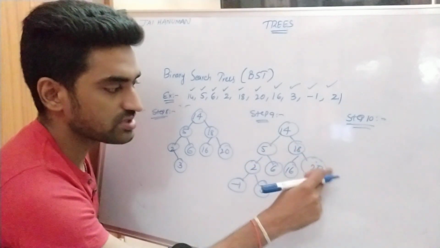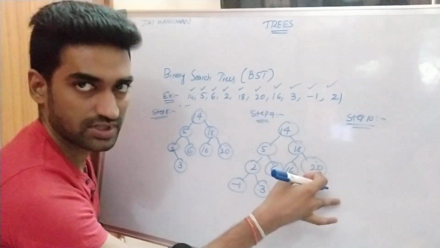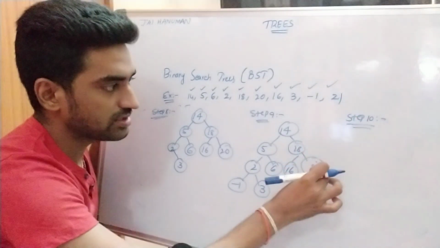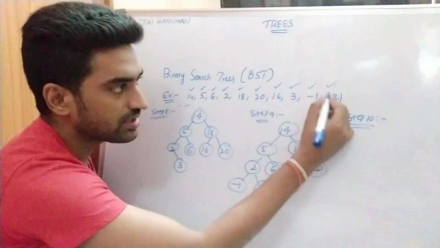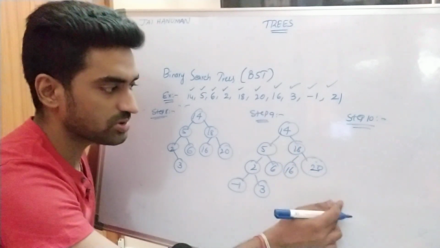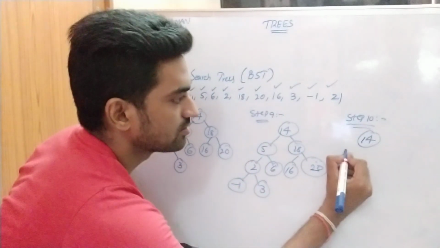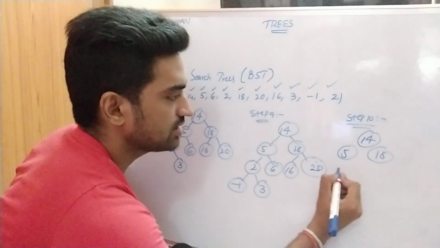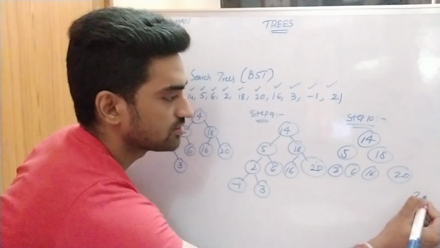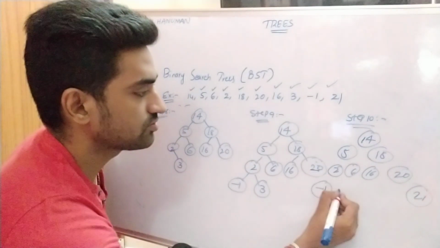At the right position, an element is already there, so this is the root for the next subtree. So we apply the comparison procedure between 20 and 21. When compared to 20, 21 is greater, so we insert at the rightmost position of 20. Right? Now the tree becomes 14, 5, 18, 2, 6, 16, 20, 21, minus 1, 3.